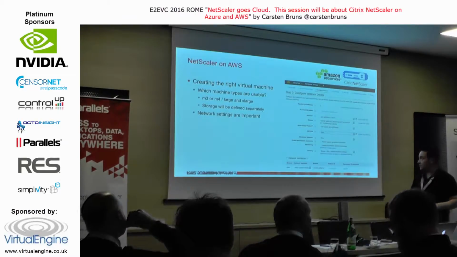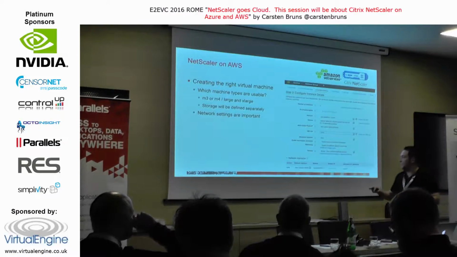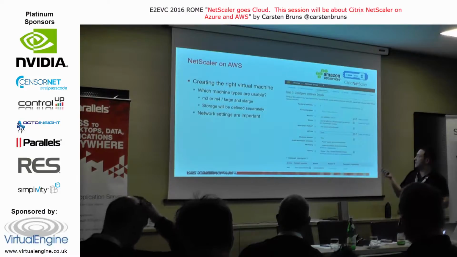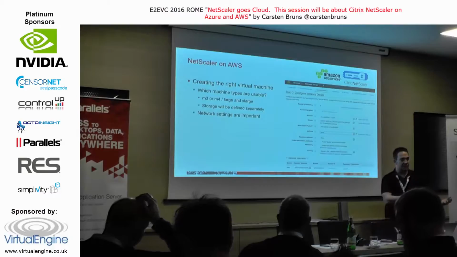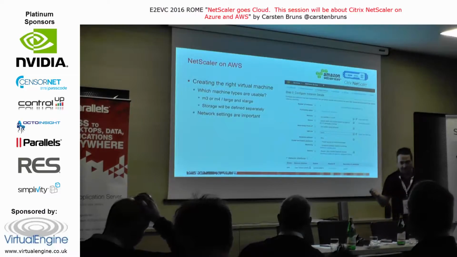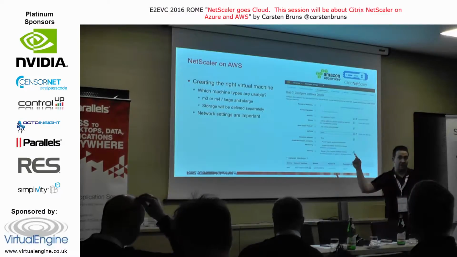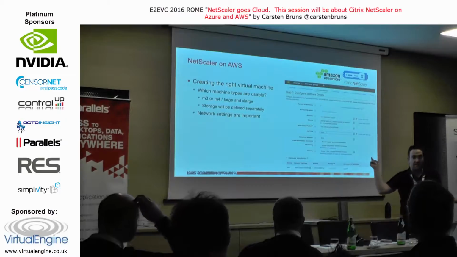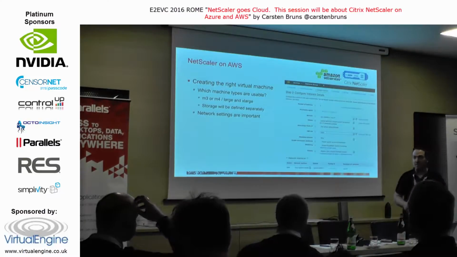You've got some details you have to configure about your network. This is very important to set. This is your first adapter, your first elastic network interface. You have to set it to your private network. If you don't, you will never connect to your NetScaler via your public headquarters.